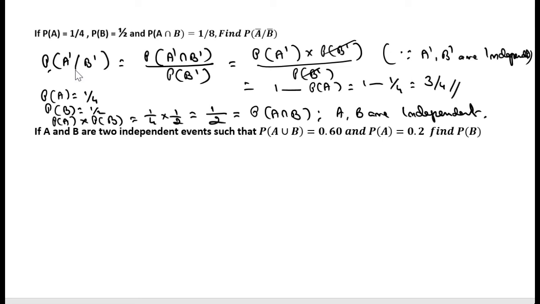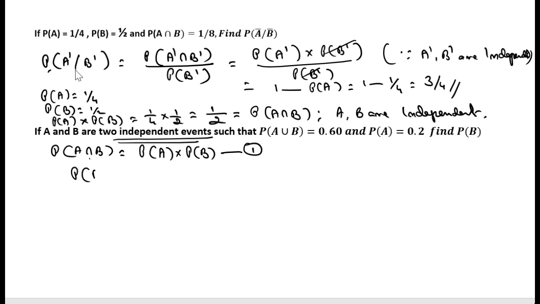Now here it is A and B are two independent events. Probability of A union B is given. So A and B are two independent means probability of A intersection B equal to probability of A into probability of B. Now probability of A union B is given as 0.60.